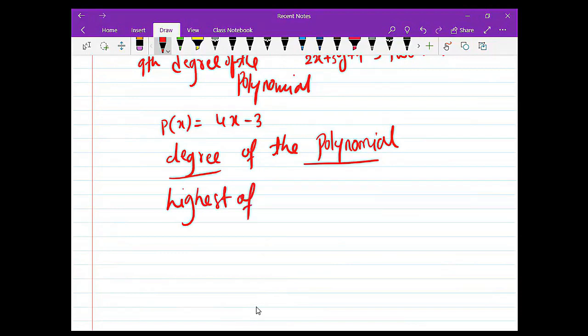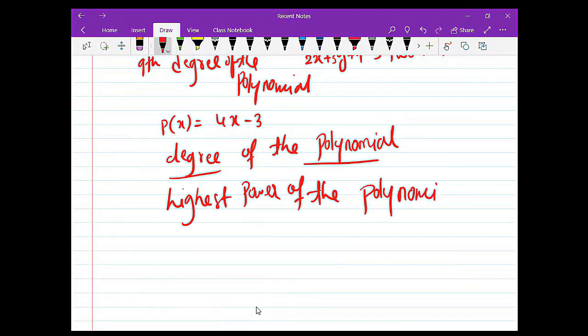Highest power of the polynomial means the exponent of the variable. Whichever is highest, that is the degree of the polynomial.